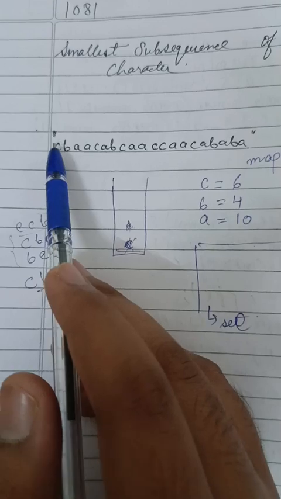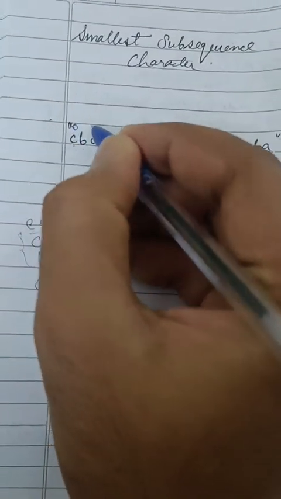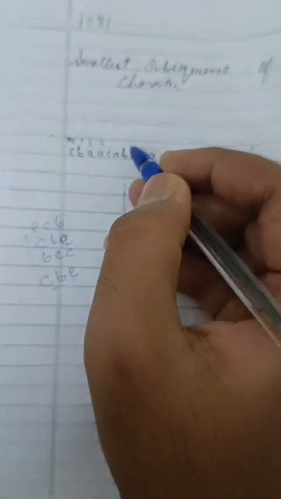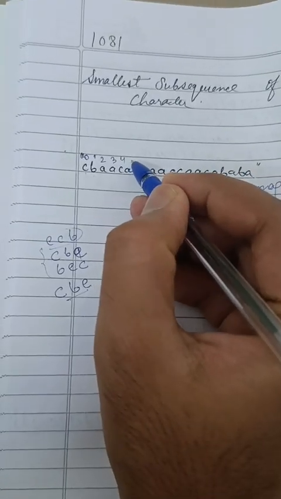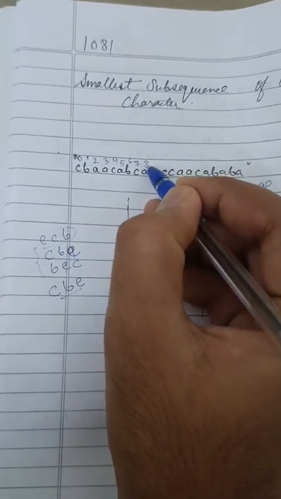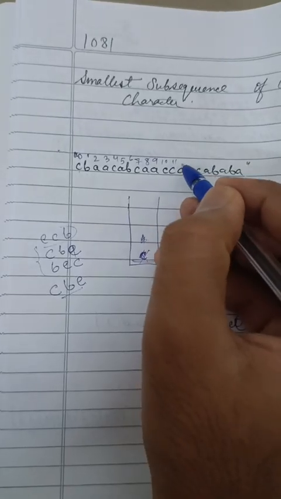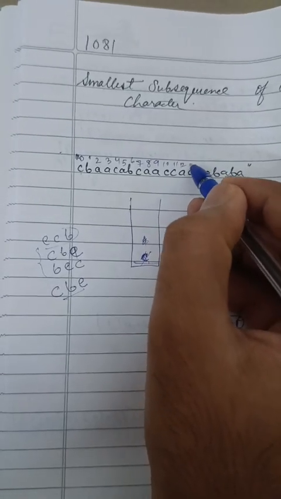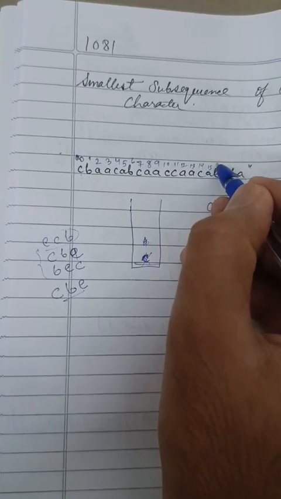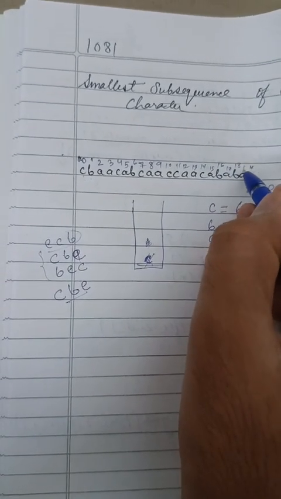Okay, so starting from index 0 1 2 3 4 5 6 7 8 9 10 11 12 13 14 15 16 17 18 and 19.